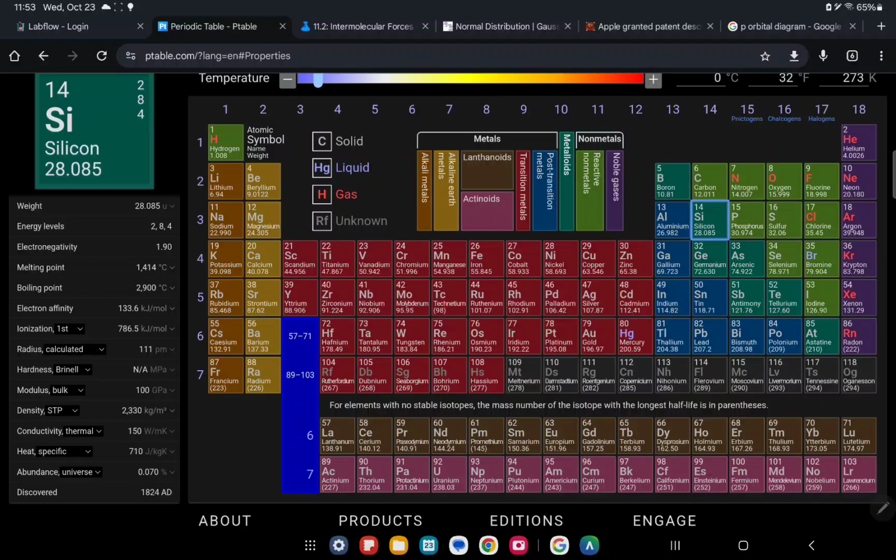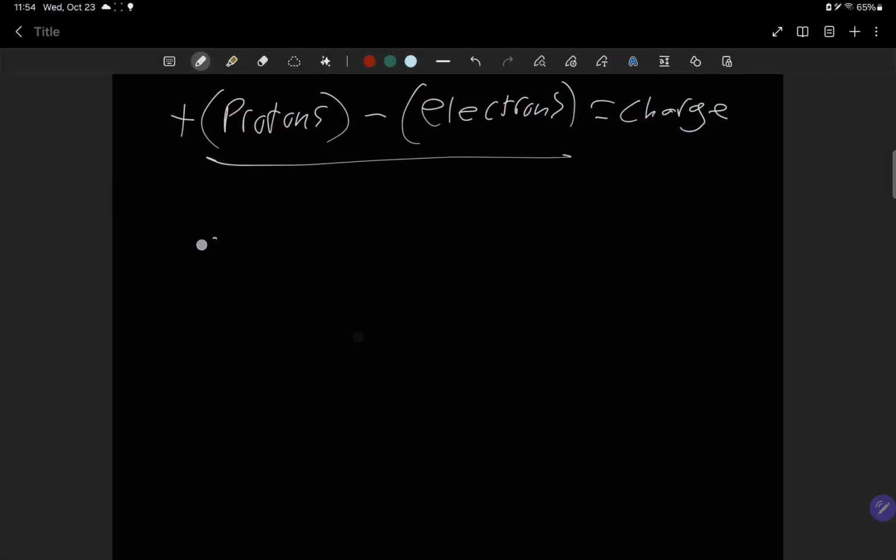You'd have to have 1, 2, 3, 4 additional electrons to make that happen. But wouldn't it make the charge negative? How would that affect it? Absolutely. Because if you have 1, 2, 3, 4 electrons, it would be a negative 4. So it'd be S negative 4 electron config equals argon electron config.